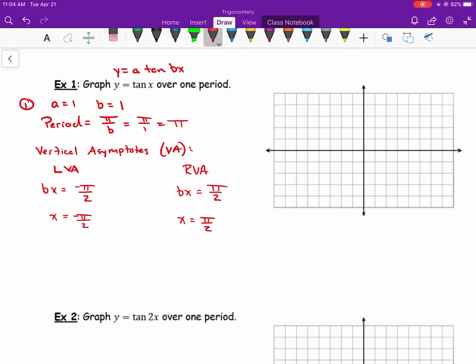So to put the asymptotes onto the graph, you're going to start in your origin there. You're going to count 2 units to the right, draw your asymptote, and then go 2 units to the left, and you draw your asymptote.